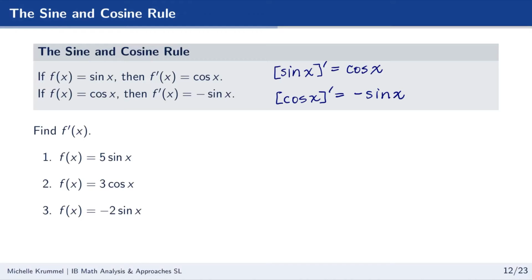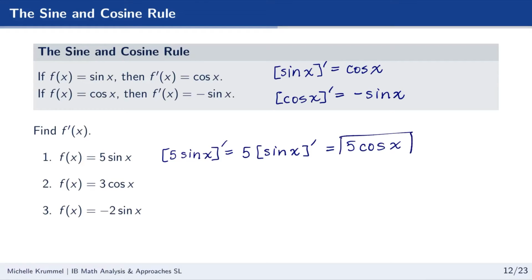So for the following examples, we're going to have to combine this rule with the constant multiple rule. We know that the derivative of 5 times the sine of x is equal to 5 times the derivative of the sine of x. And the derivative of sine x is cosine x, so it's equal to 5 cosine x. So we're combining different derivative rules here.